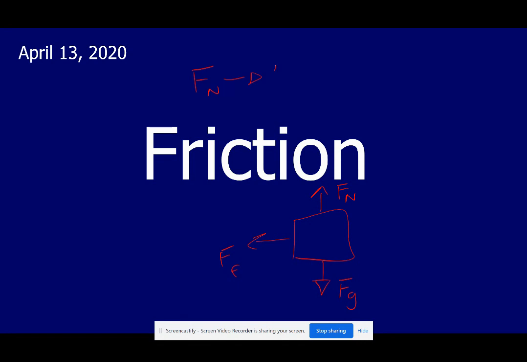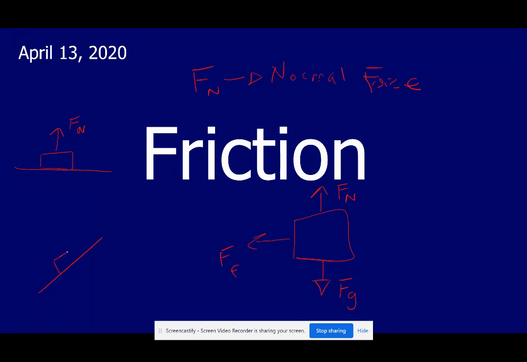Fn is the normal force. The word normal actually means perpendicular, and in this case, it's perpendicular to a surface. So if you have a box or a car or anything on the ground, then there exists a normal force that is up.